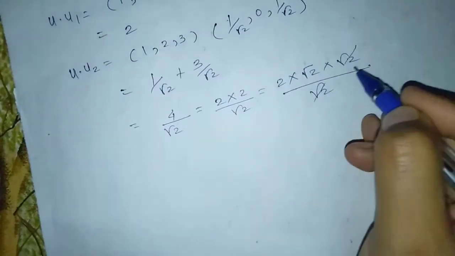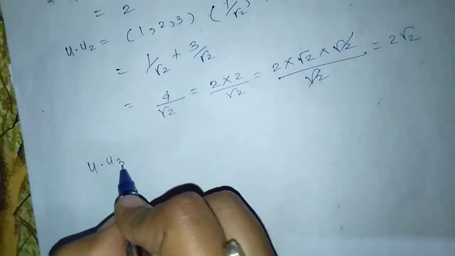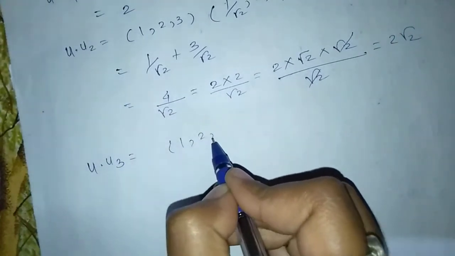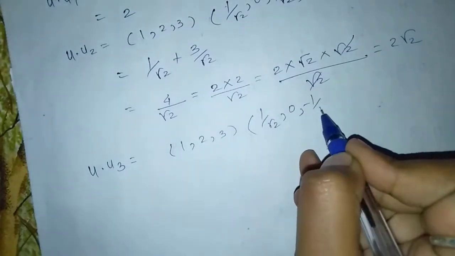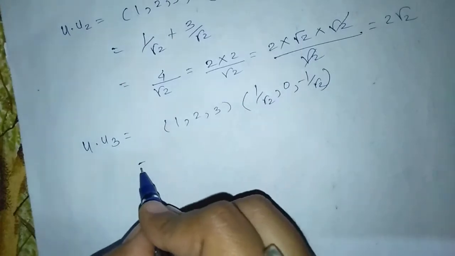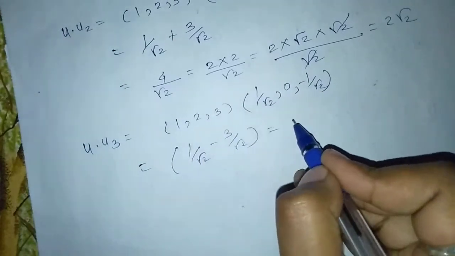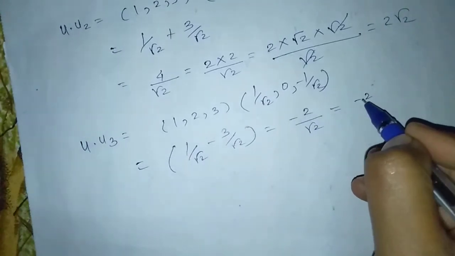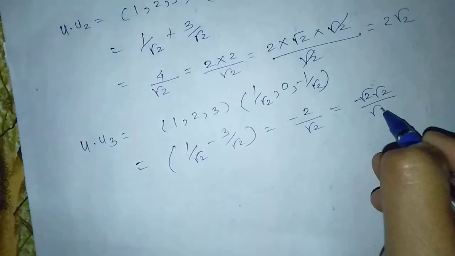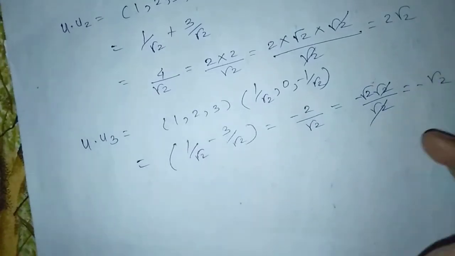Root 2 gets cancelled, giving 2 root 2. u dot u3 is (1, 2, 3) dot (1 upon root 2, 0, minus 1 upon root 2), equal to 1 upon root 2 minus 3 upon root 2, equal to minus 2 upon root 2, equal to minus root 2.